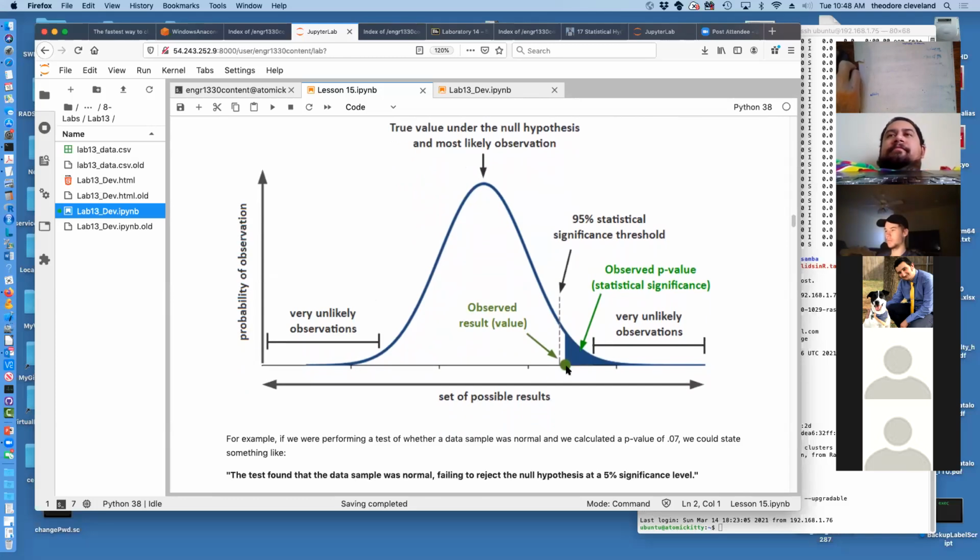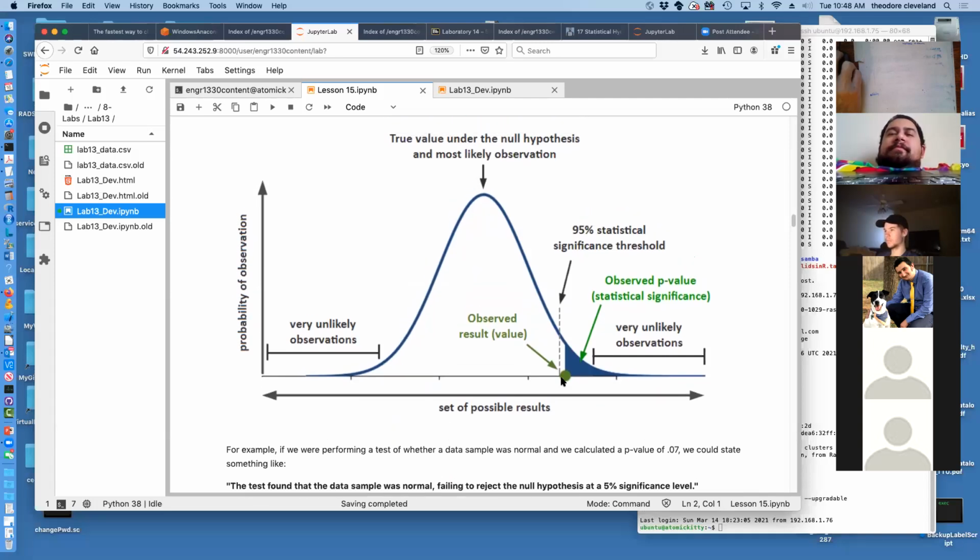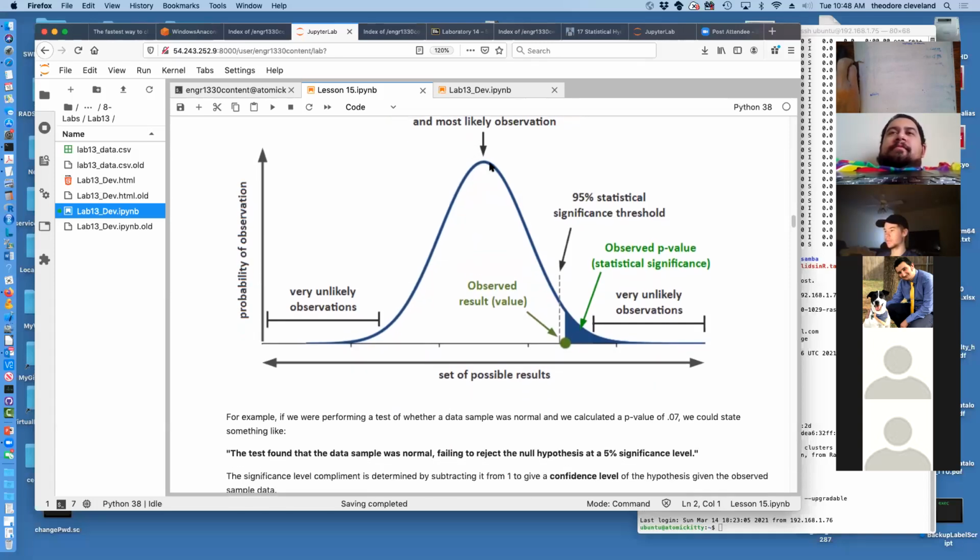And the blue curve here is assuming the null hypothesis is true, and the p-value is evaluating the area on the right and the left of the curve where it's unlikely to have obtained observations from this distribution.